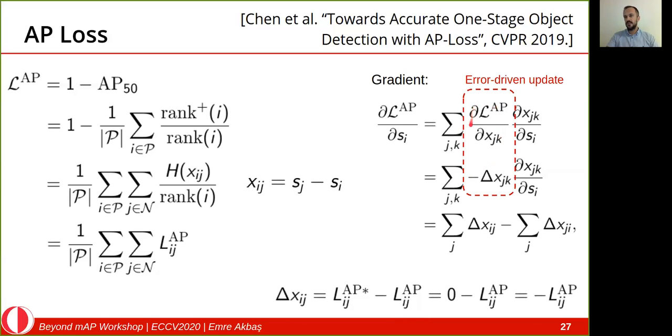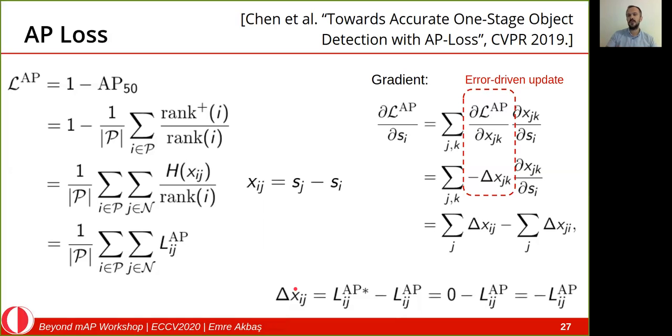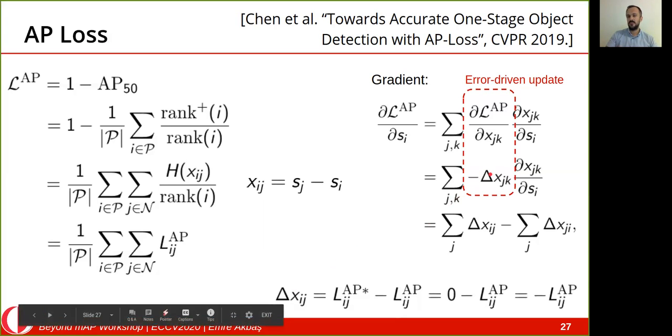So this gradient is basically replaced by this value here, minus delta xjk. And let me explain what that is. So delta xij is the update on your xij, which is a replacement for this gradient here.